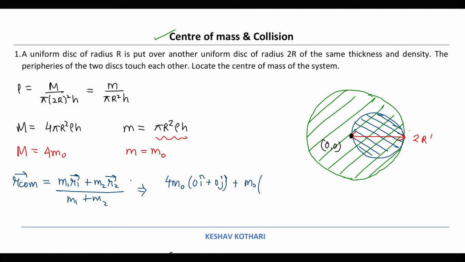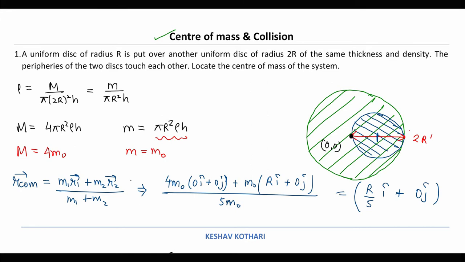Now the center of this is over here, so I will write it as r i cap plus 0 j cap, upon total mass, that is 5 m naught. So on solving, we are obtaining m naught r upon 5 m naught, that is r by 5 i cap plus 0 j cap. So I can say that the center of mass of the system is located at a distance of r by 5 from the larger disk.